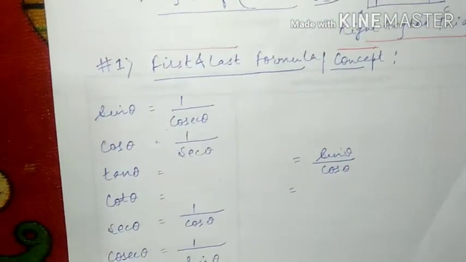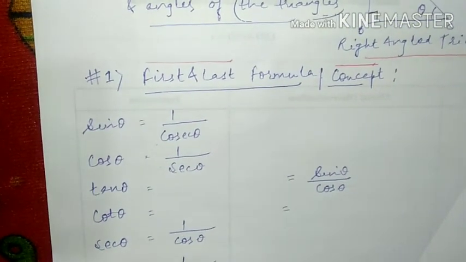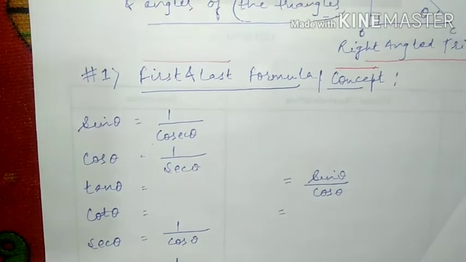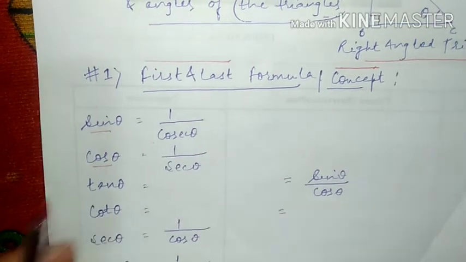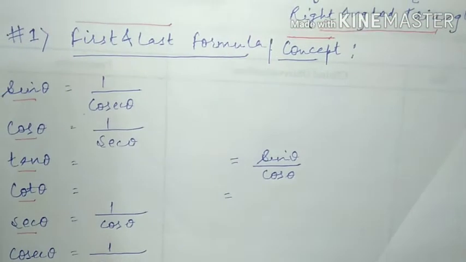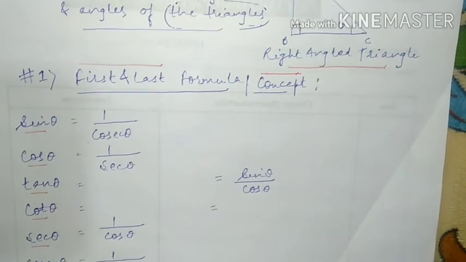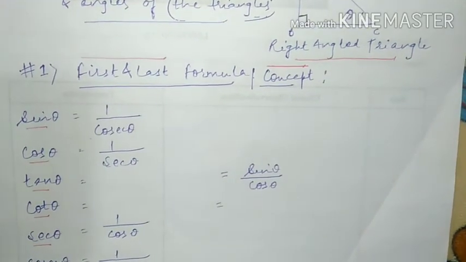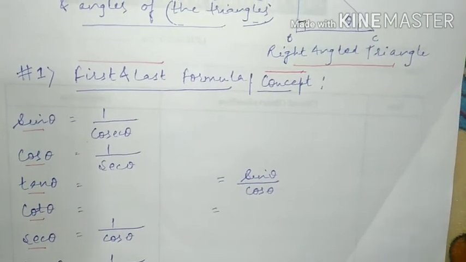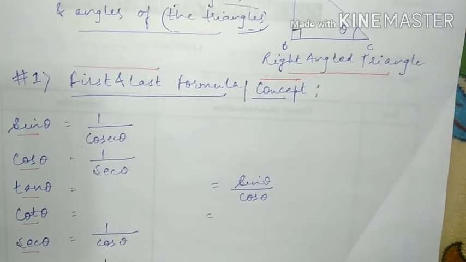You need to learn only a few things, that is there are 6 trigonometric functions. You can see on the screen as well, that is sine theta, cos theta, tan theta, cot theta, sec theta and cosec theta. You are to learn all these trigonometric functions, right, in this sequence. That only you are to learn, and then we will try to learn the concept, and then you need not learn the formulas.